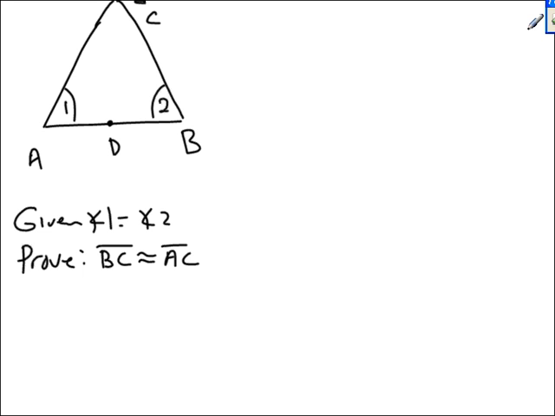I'll go to the midpoint and I'll come straight down. So then we know that AD and BD are equal.